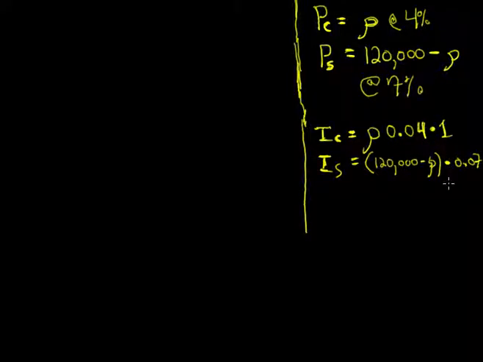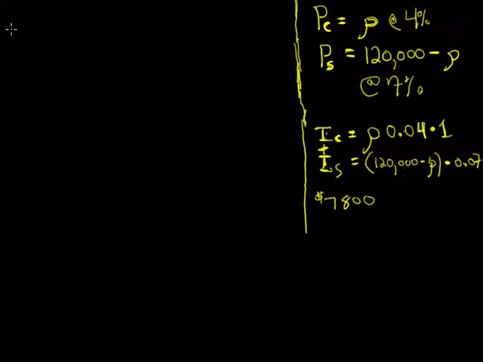Now at the end of the year, the addition of these two interests gives her $7,800. So if I add this and this, that's the same as if I add both left-hand sides, that's the same as adding both right-hand sides. So I can construct one equation using these two.